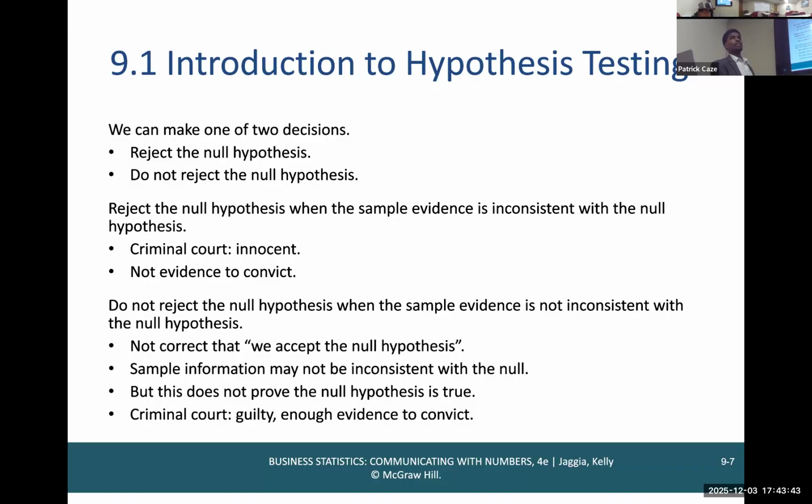We just know that we don't have enough evidence to either prove it or to say yes, we can support that the null hypothesis is true. Sample information may not be consistent with the null, but it does not prove the null hypothesis is true.